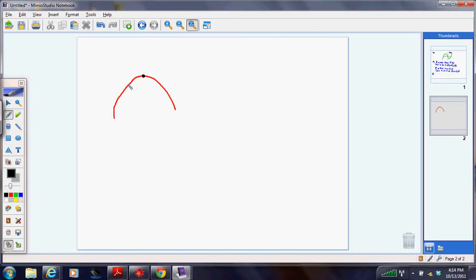If f is increasing, we know f prime on this interval is positive, so f prime is greater than 0. And over here, since f is decreasing, f prime is less than 0.